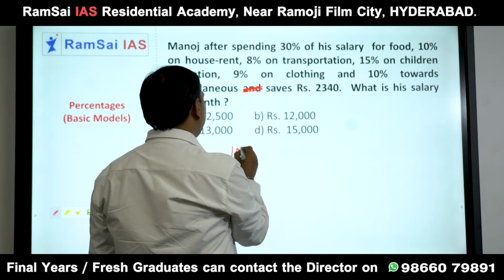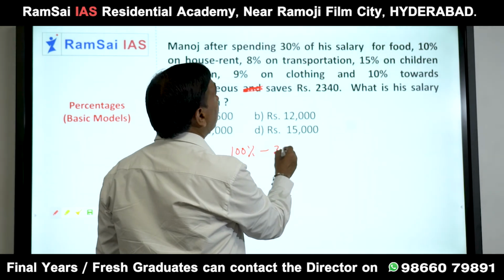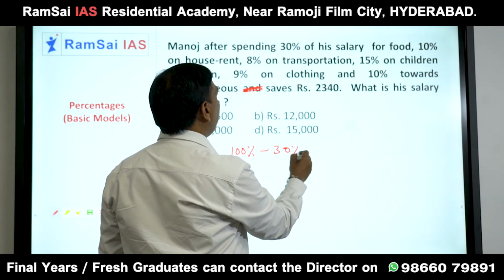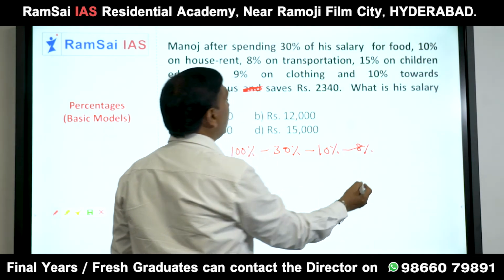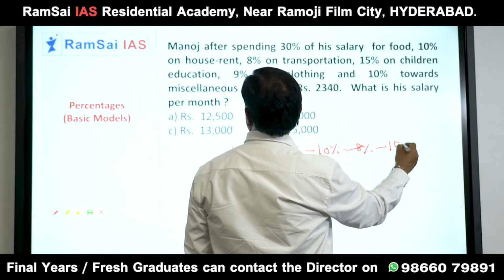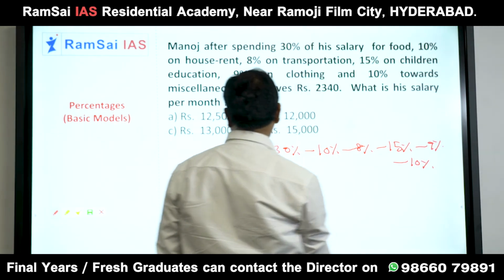So out of 100%, he has incurred an expense of 30% on food, 10% for house rent, 8% for transportation, 15% for children education, 9% for clothing, 10% towards miscellaneous expenditure.